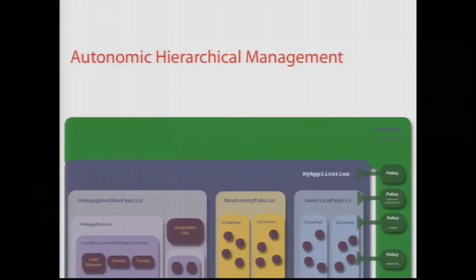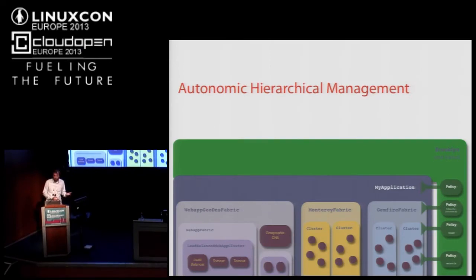But having this hierarchy of pieces lets you attach policies at the right level. And at the heart of Brooklyn is an event-driven, policy-based architecture designed around autonomic computing, so that we attach low-level policies down low. The management knowledge is near to the pieces which need it. So, for instance, we might have a restart policy attached to one of the processes.